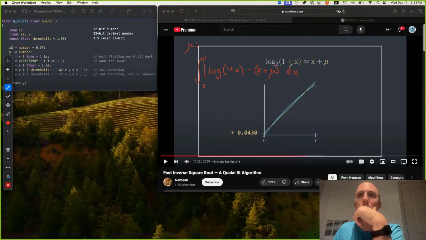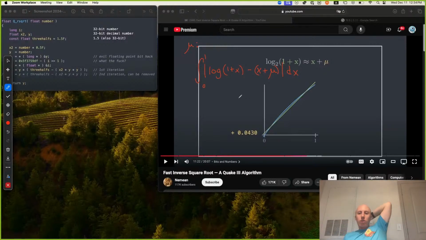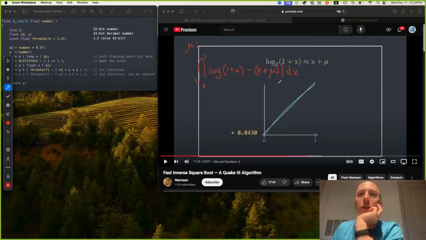You could do the absolute value. We just want to find the difference here. Yeah, I don't really know how to evaluate these integrals. This would be an interesting lark to go down, to figure out if we can evaluate this integral.